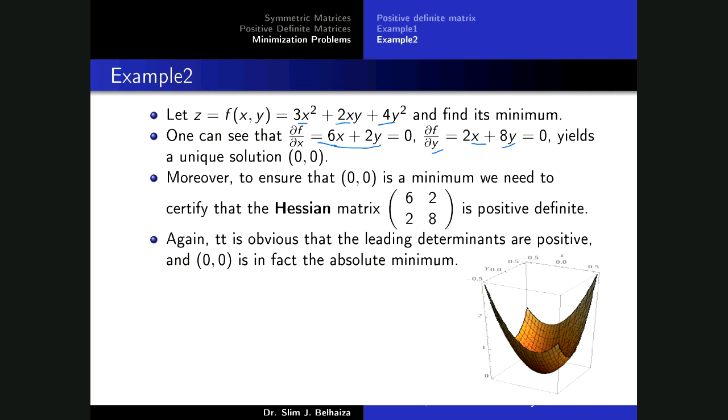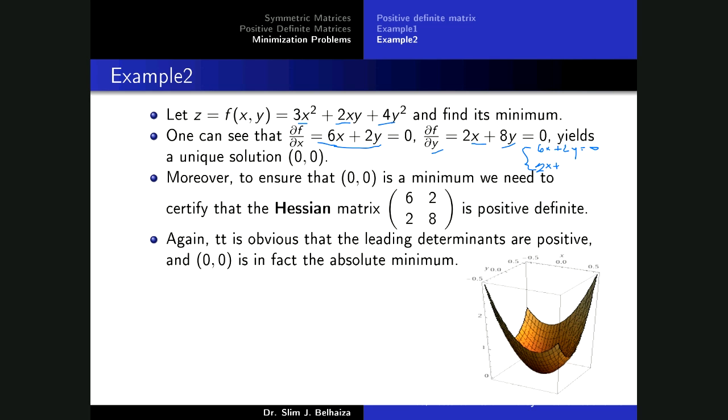Why? Because when you differentiate the 2xy with respect to x, you get just 2y. And if you differentiate f with respect to y, the first part gives you 0, then we have 2x plus 8y. Okay? So you need to solve a homogeneous linear system where 6x plus 2y equals 0 and 2x plus 8y equals 0.